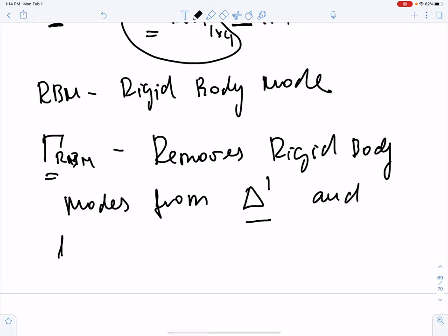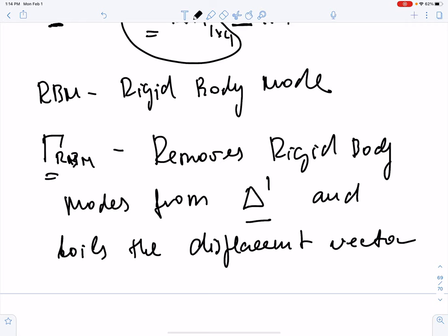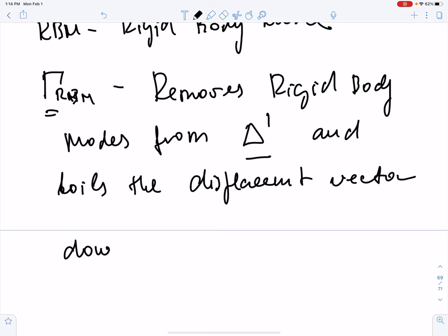And boils the displacement vector down to basic element displacement.